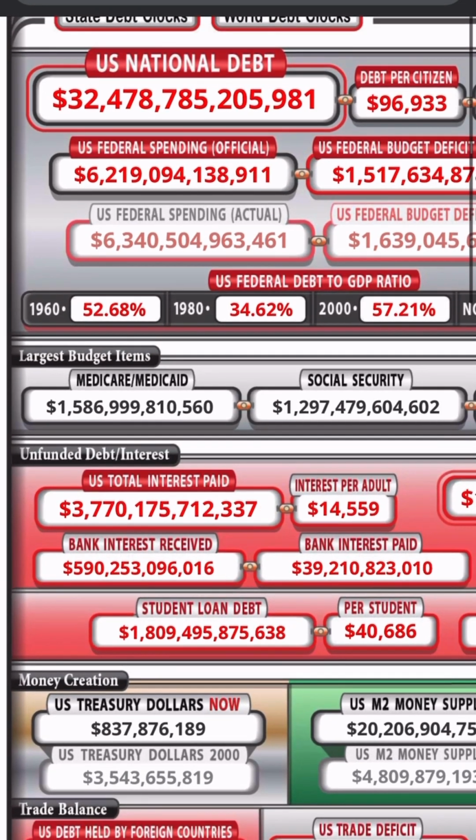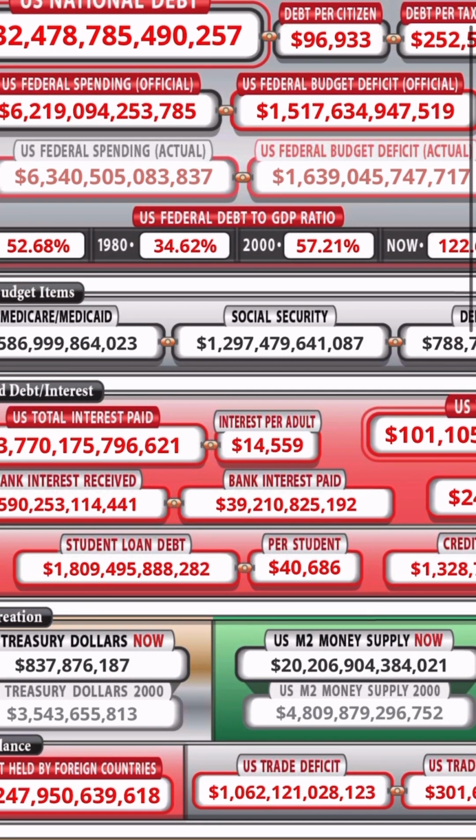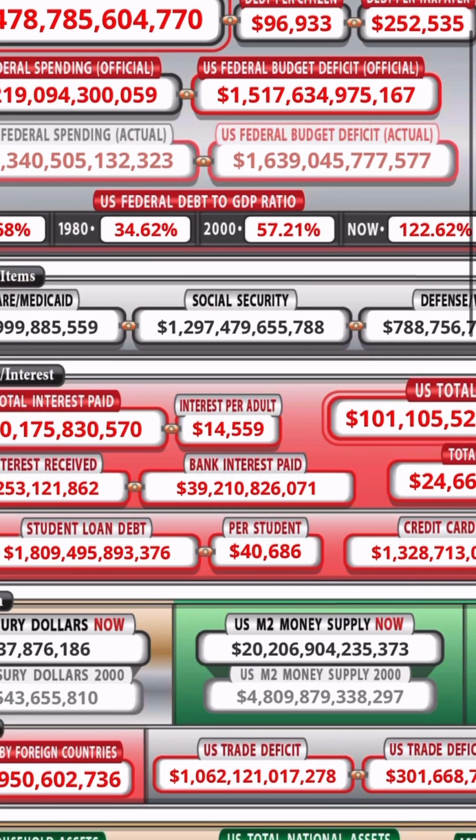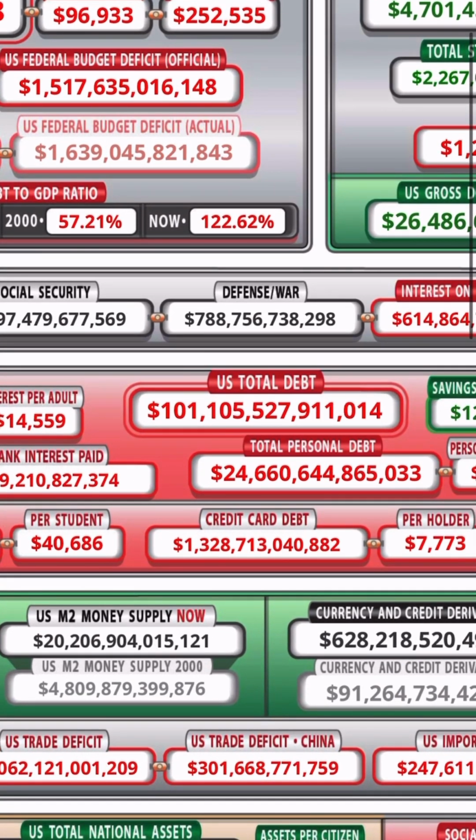So the largest budget items, we all know this, our famous Medicare and Medicaid. We have $1.5 trillion of budgeted money going into Medicare and Medicaid. Social Security, $1.2 trillion. As you see, the numbers keep going up because we keep adding more money into these different programs. And then we have our budget for defense and war, $788 billion.